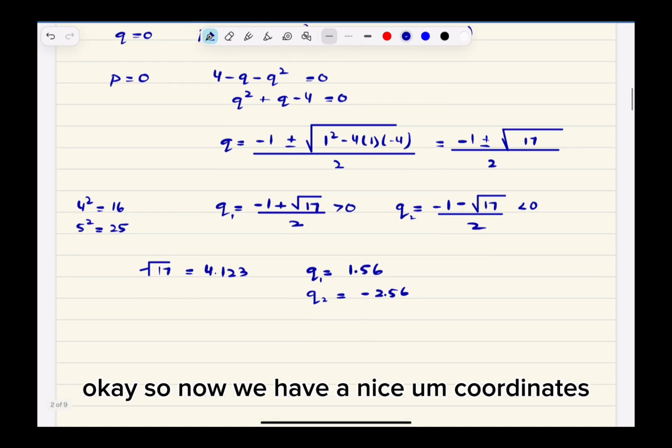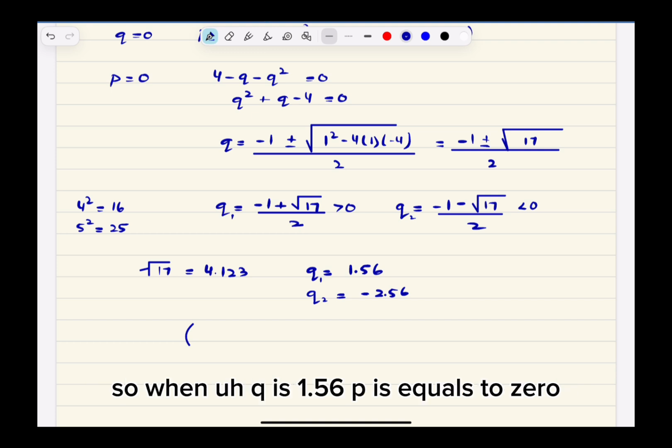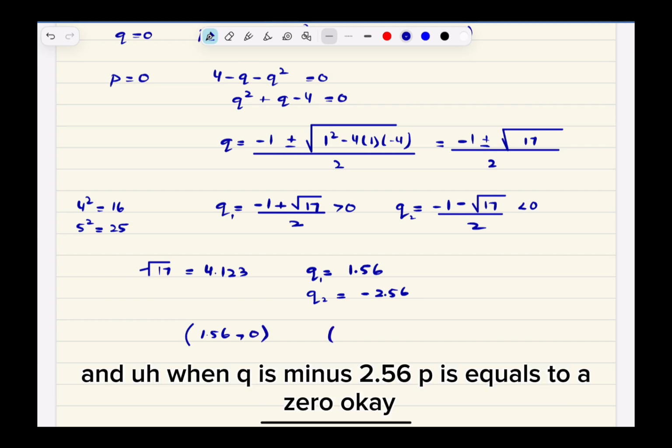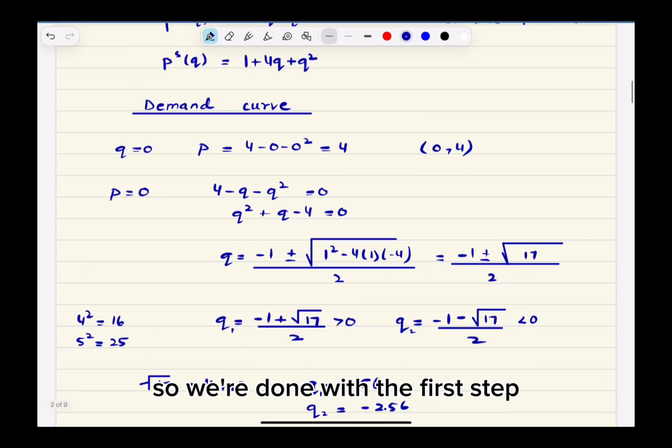Okay, so now we have nice coordinates. When q is 1.56, p is equal to 0. And when q is minus 2.56, p is equal to 0. Okay, so we're done with the first step.